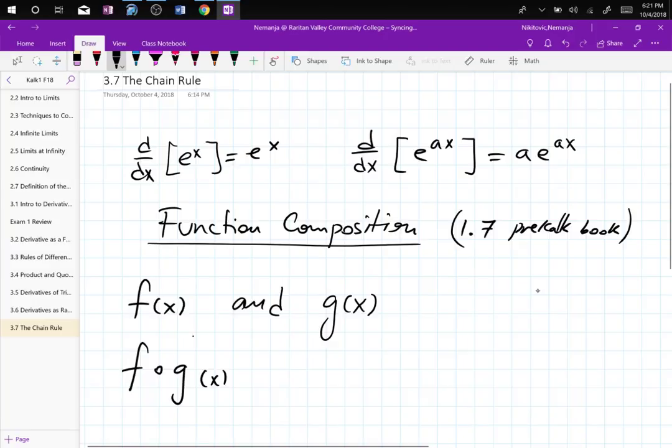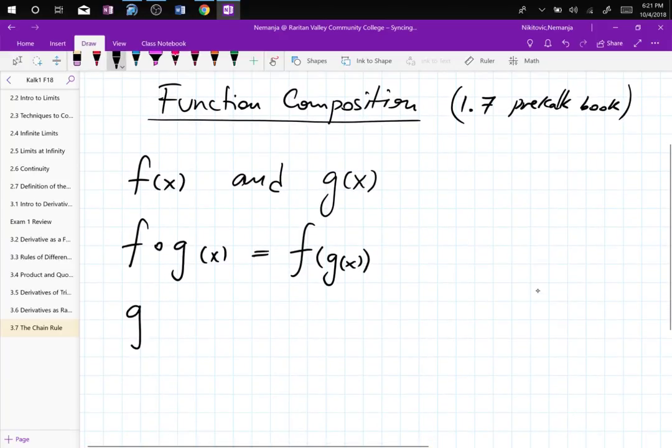Now this is like a multiplication times, but it's actually an open circle. It's not O, so you can't read this as "fog," because this is not O. It is f composed with g, which means that g is plugged into f. That's the meaning.